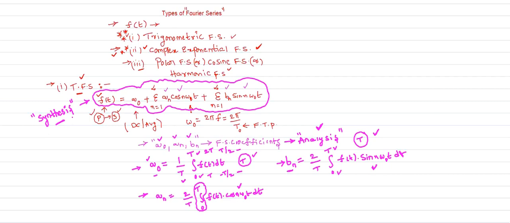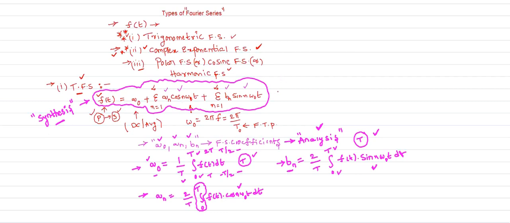This is about the trigonometric Fourier series representation, or expansion. Very simple. If you want to represent any signal f of t using the trigonometric Fourier series expansion, we represent f of t with a linear combination of sine and cosine functions.